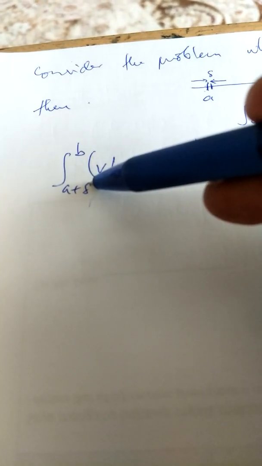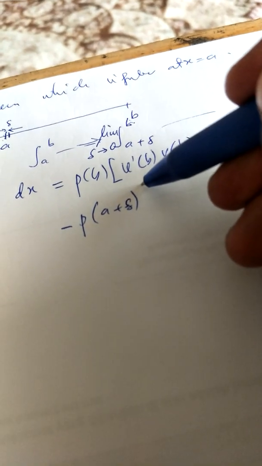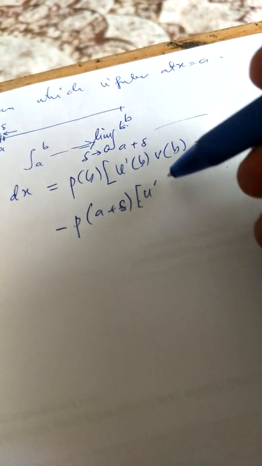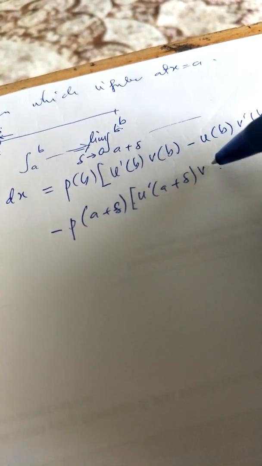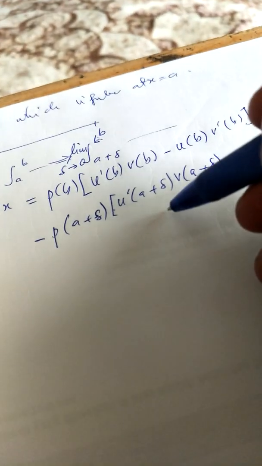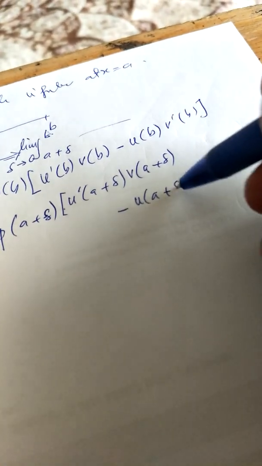If you do this, you're going to have p(b) (u prime(b) v(b) minus u(b) v prime(b)), minus, here we have p evaluated at a plus delta, p(a plus delta) times (u prime(a plus delta) v(a plus delta) minus u(a plus delta) v prime(a plus delta)).